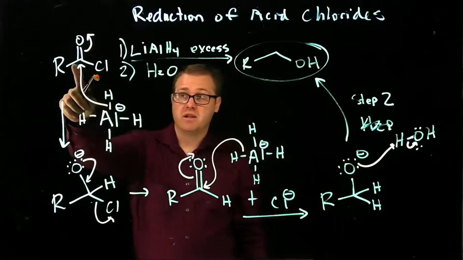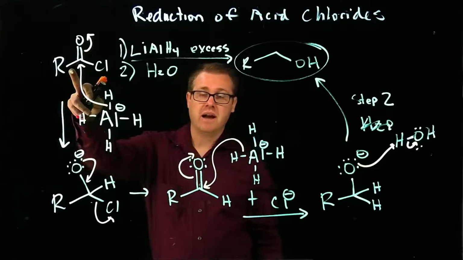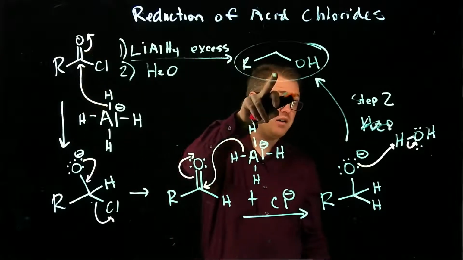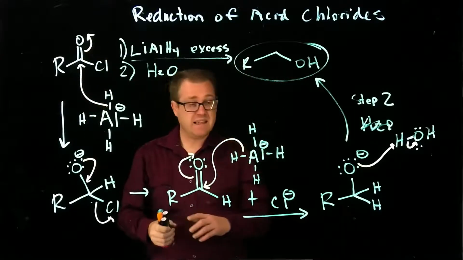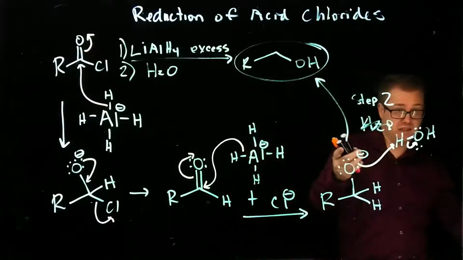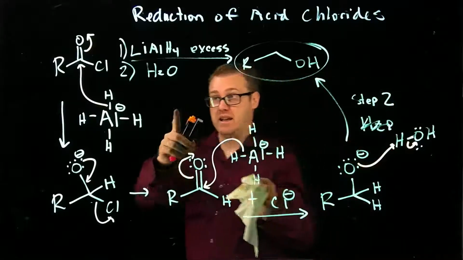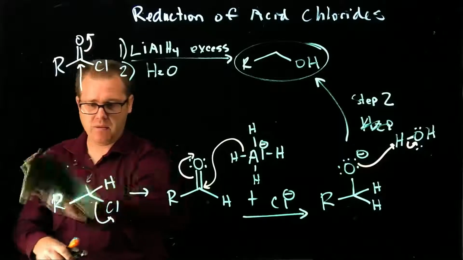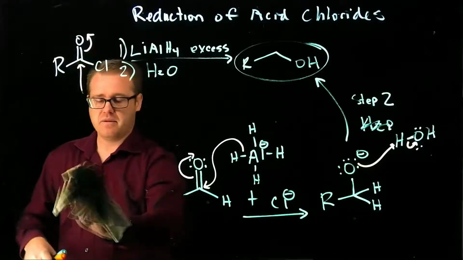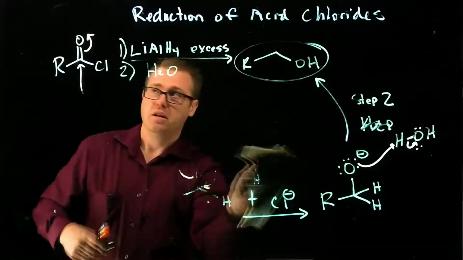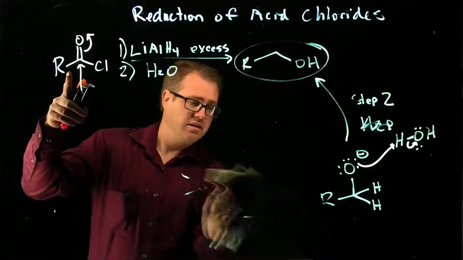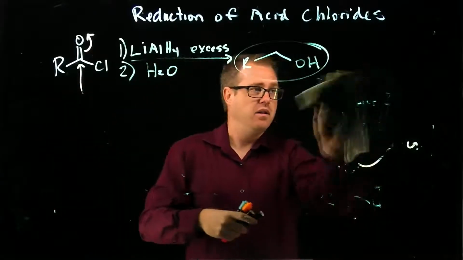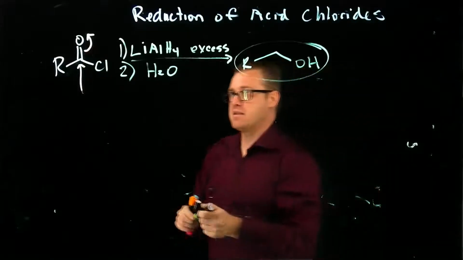This transformation of taking an acid chloride to an alcohol isn't very practical. It can clearly be done, but we typically don't do it that way because acid chlorides are generated from carboxylic acids.